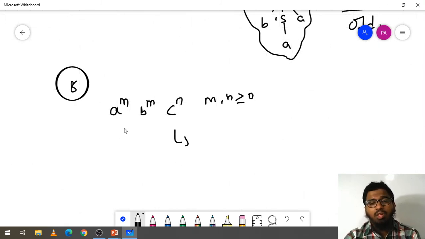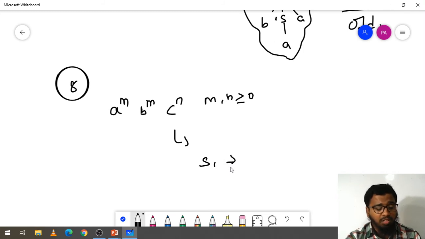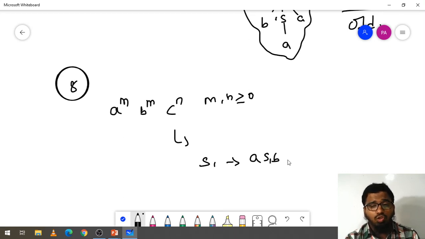What it is telling me is that A's and B's should be an equal number. So for equal number of A and B's, I am taking S1. Equal number of A and B's is A S1 B. Okay, if you want to stop with a terminal, you need to use epsilon.